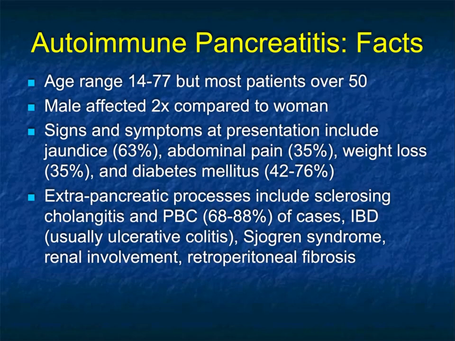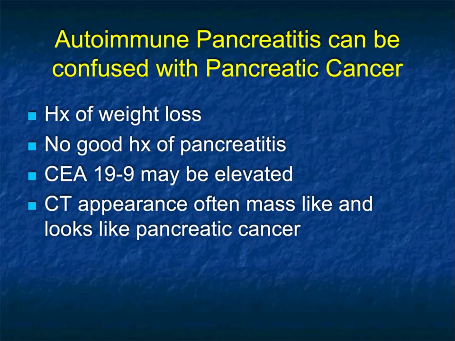It's interesting. Clinical presentation, more common in older patients, same age as pancreatic cancer, more common in men. And look at the presentation. Jaundice, abdominal pain, weight loss, diabetes. Sounds exactly like pancreatic cancer. Sometimes you get lucky. There's extra pancreatic findings that help you, and that's particularly true when you see changes of decreased attenuation in the kidneys.